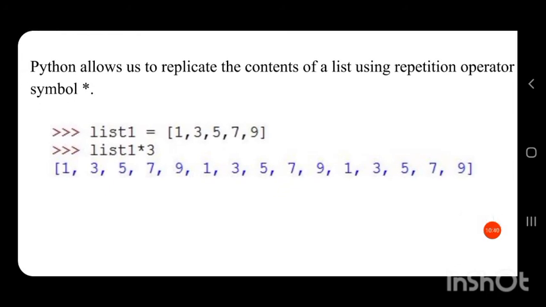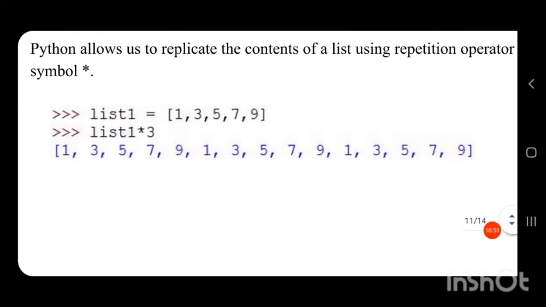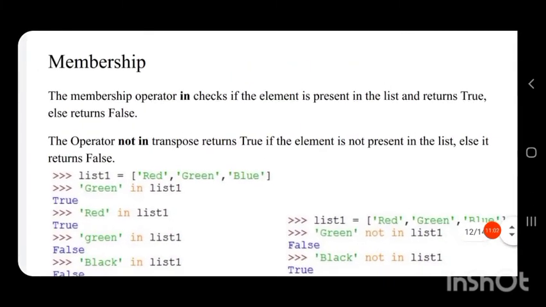That is, the same list is replicated 3 times because we have specified the integer operand as 3. So this is what replication is. In replication, there are two operands, one operand should be an integer and the other operand should be a list.